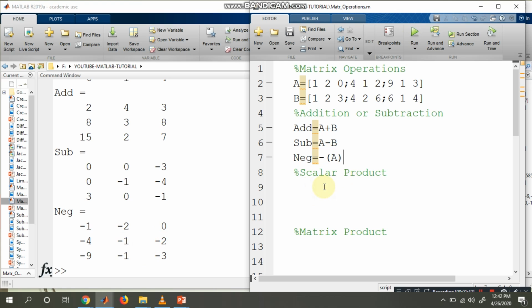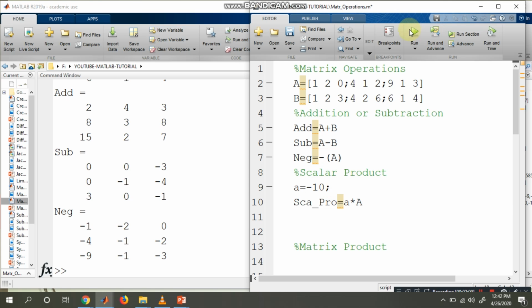Now let us go to scalar product. A matrix is multiplied by a scalar value. Suppose I take the scalar value a equal to minus 10. Now the scalar product is equal to A star a.